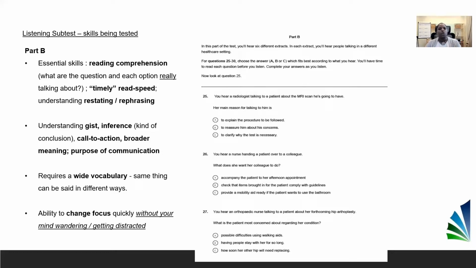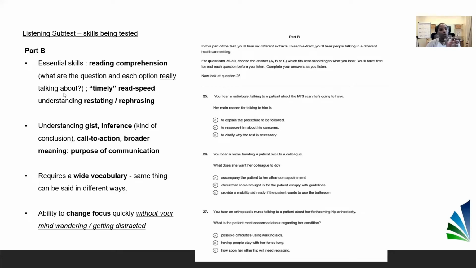So there'll be a word in the question that may be similar to a word in the audio. And because maybe you're not so confident in your language, you go, oh, I heard direct in the audio and direction is on the page, so this must be the answer. No, no, no, no. What you have to do is read the whole thing and ask yourself, what are they really talking about?